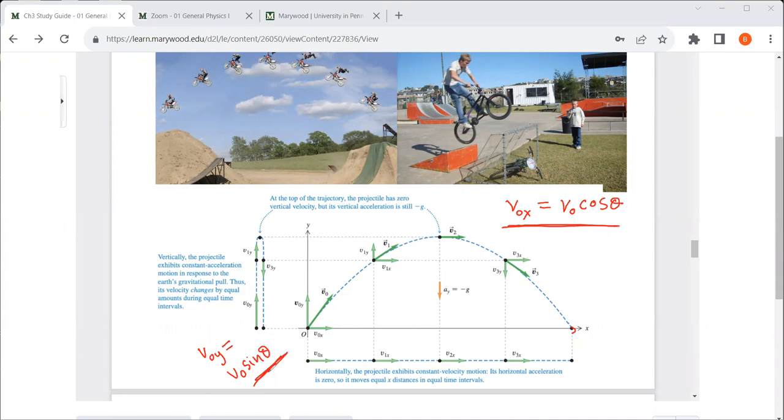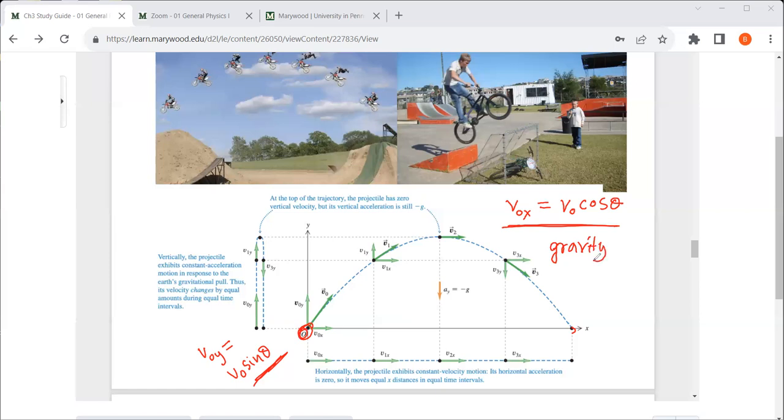Next, if we neglect the air resistance, and for simplicity we are going to neglect it in this chapter for projectile motion problems, then after you kick the soccer ball, or after a cannonball is fired, the only thing that affects the motion of the projectile is gravity.